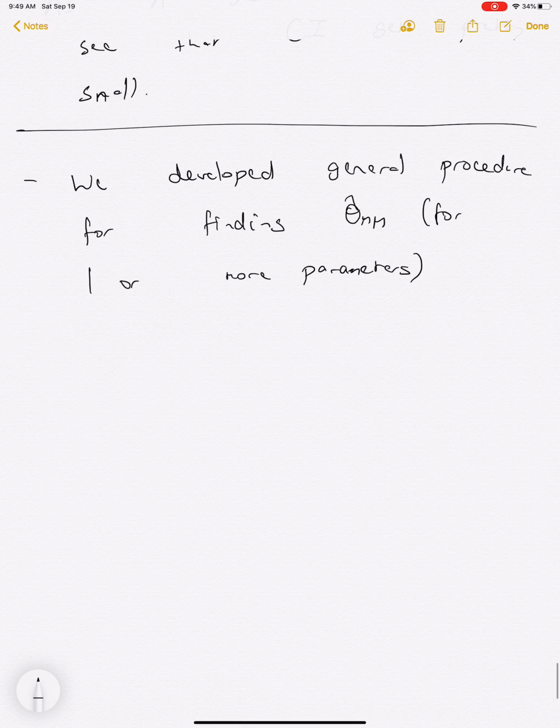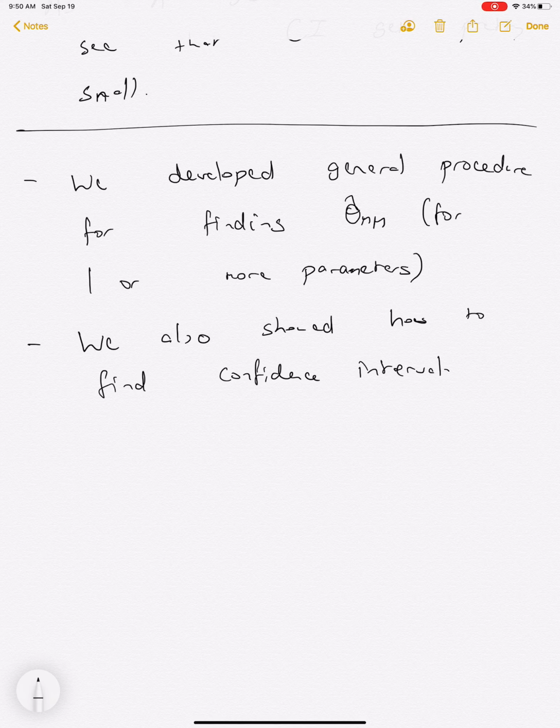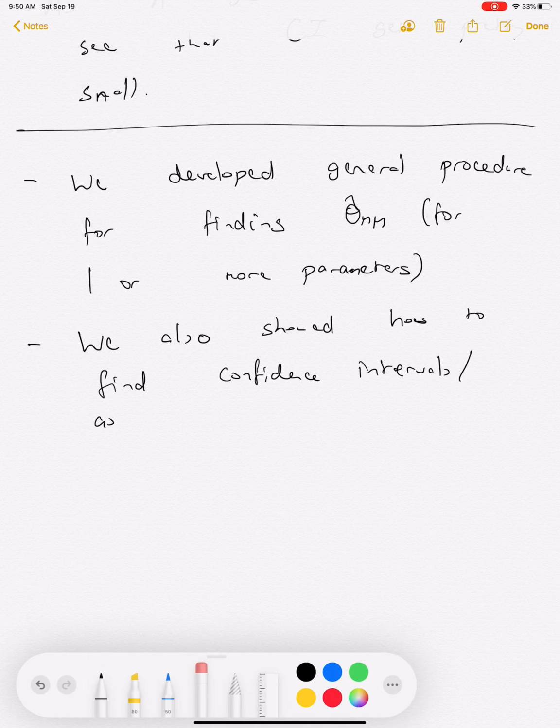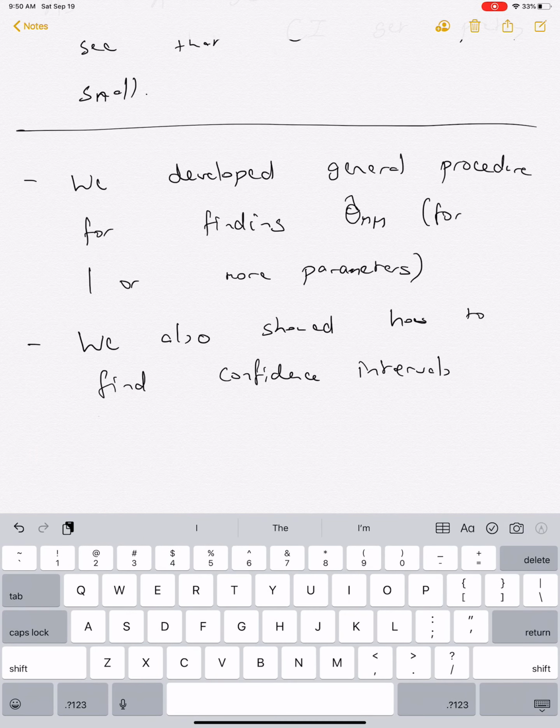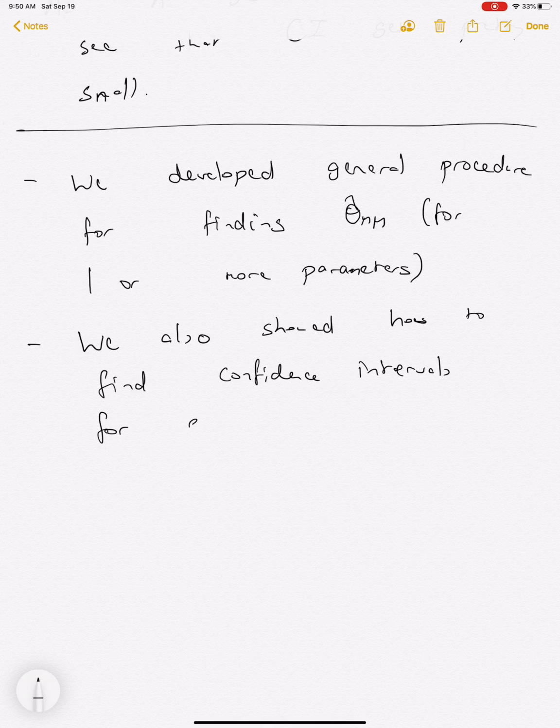And how to find confidence intervals using theta hat mm.